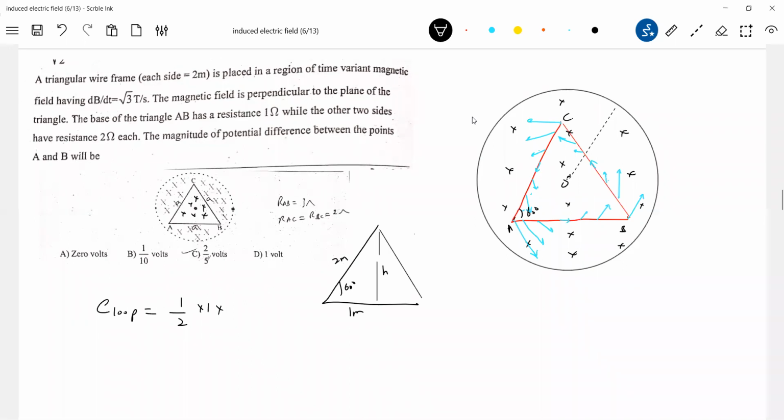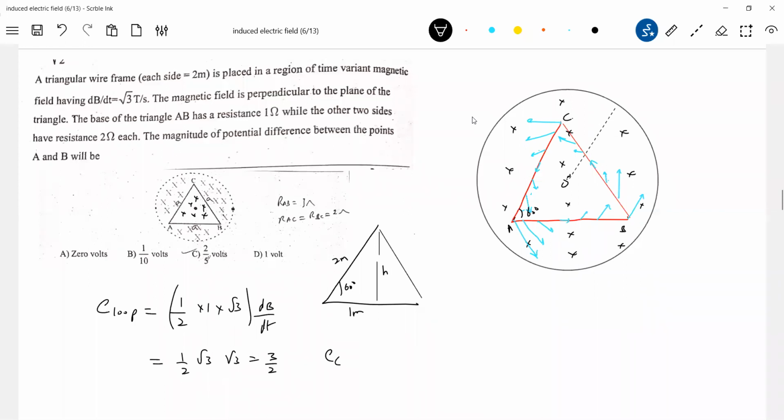Sine 60 is root 3 by 2, into dB by dt. dB by dt is again root 3. This is the area, so half into root 3 into root 3, 3 by 2. What is the EMF into each side? Again, EAC. It's root 3 by 4, sir. dB by dt is root 3, no?